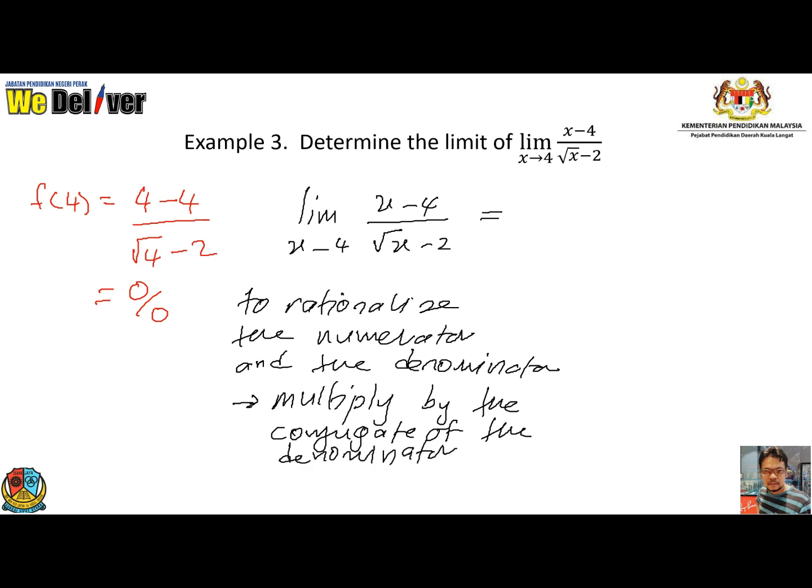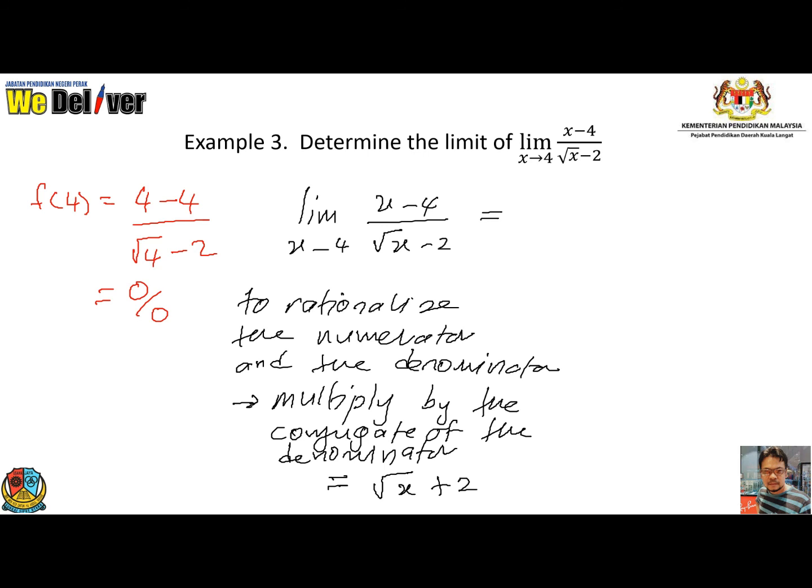The denominator is square root of x minus 2, so the conjugate of the denominator is square root of x plus 2.